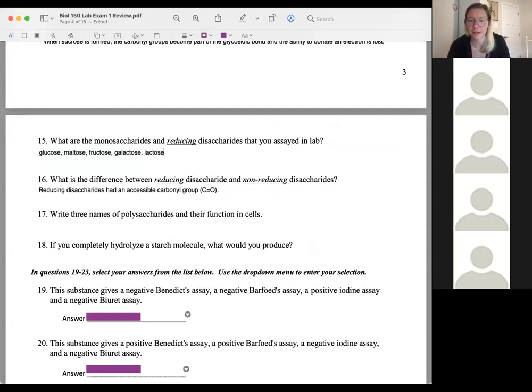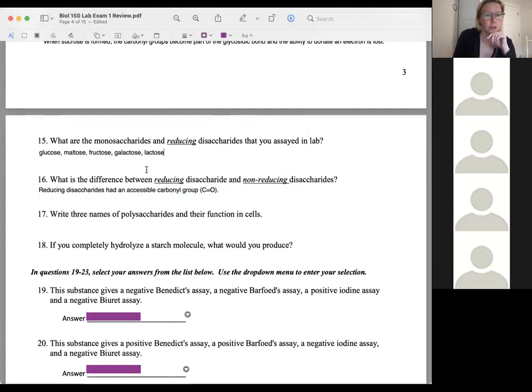I'm just looking through my lab handout now. Yes, Alexandra, you are correct. It is lactose and maltose. So those are two of the disaccharides that were reducing sugars.